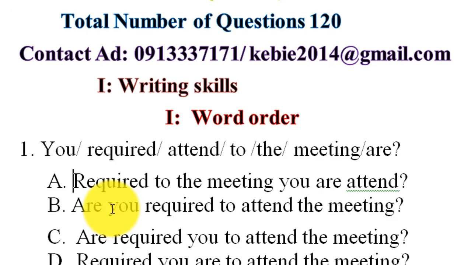Absolutely: Are you required to attend the meeting? Are required, no subject is written here. The subject is after the verb, V3 form. A sentence never begins with an action verb, and whatever a question is, yes or no question or which question word is here. So, are you required to attend the meeting? So the answer should be B. That's the way, please.